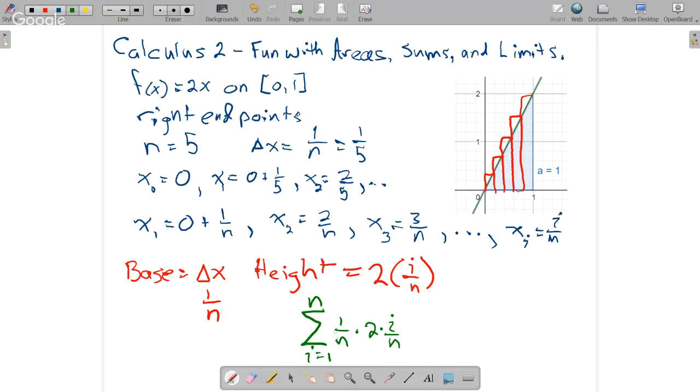It could be 5, it could be 10, it could be 100. Constants can be pulled out of sums. So 2 is a constant and n is a constant, so I get to pull out a 2 over n squared. And that leaves me in the sum, as my variable of the summation goes from 1 to n, I'm just adding up i.